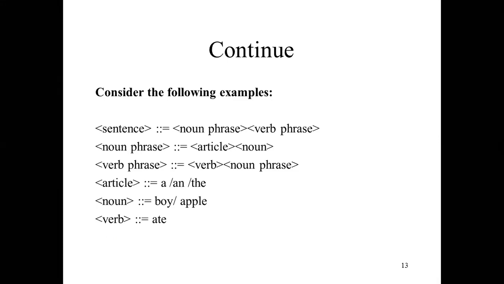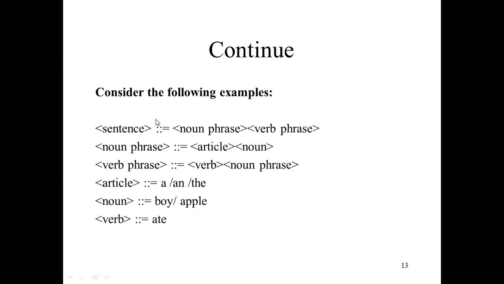Consider the following example. First you go through this and read. Sentence, production symbol, noun phrase, verb phrase. Here I am writing sentence.